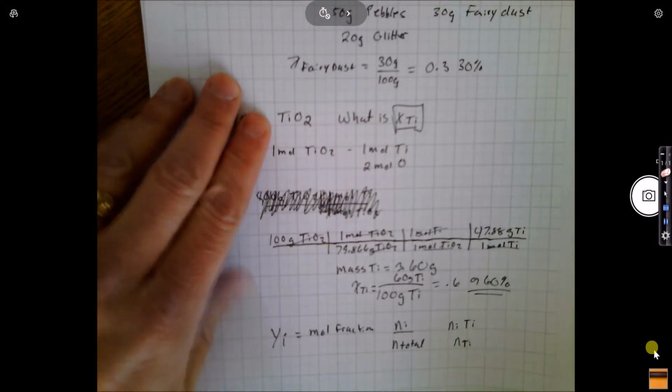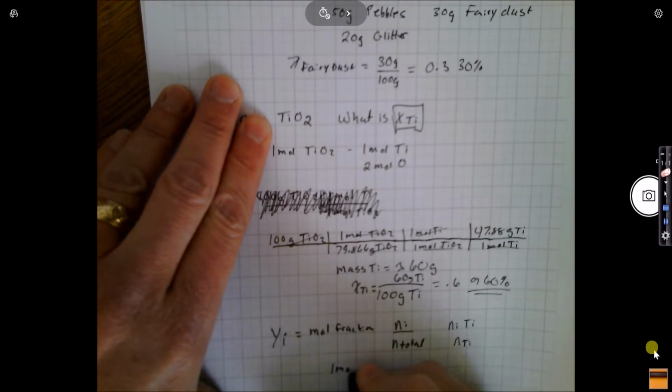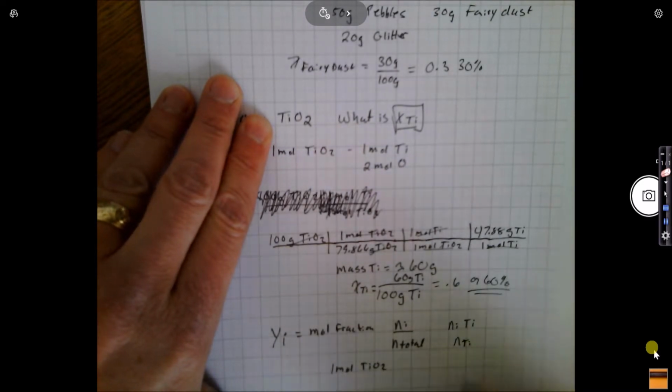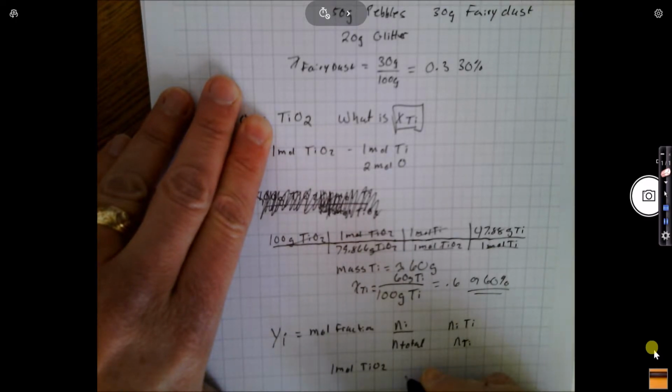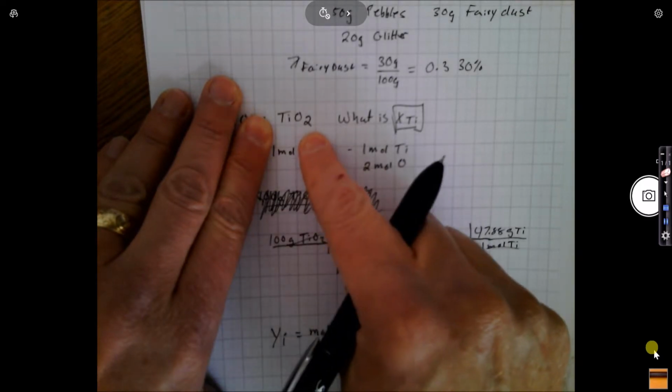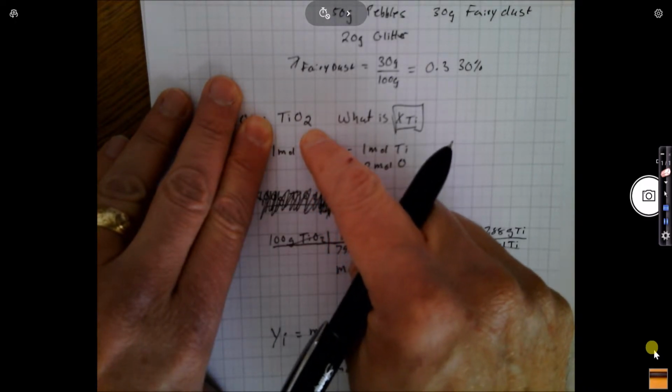So we know if we say we have 1 mole, that is 2 moles of oxygen and 2 moles of titanium. Okay, so the total moles in this stuff.